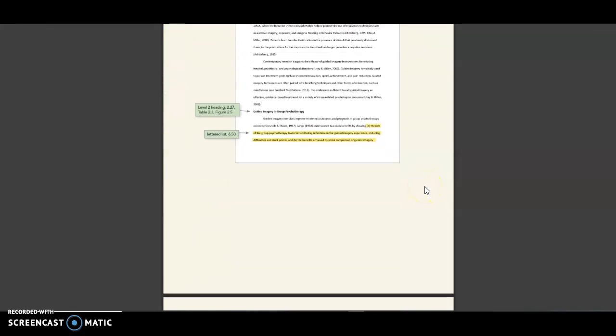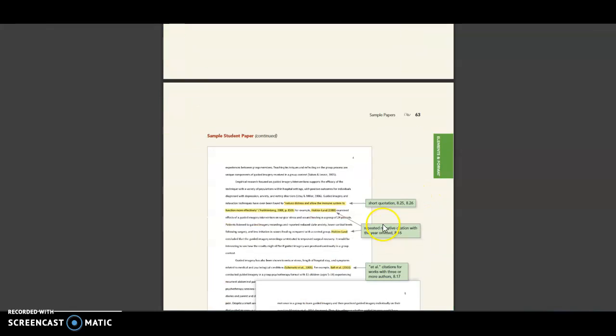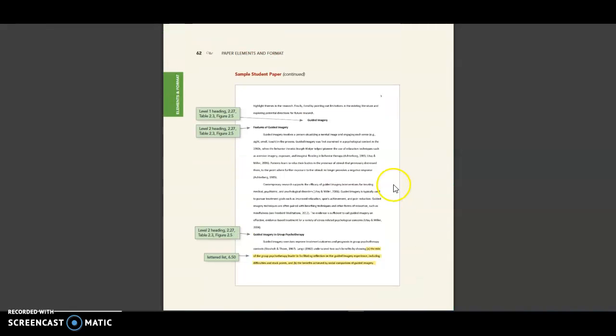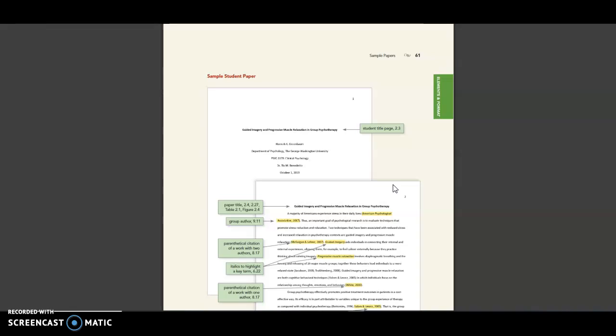So again, this is all for your assistance as you're composing the paper for your critique. So know that this resource is readily available to you, and use this as you construct your APA paper.